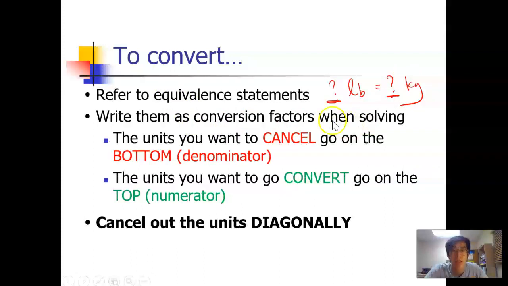Those fractions when solving. So the units I want to cancel go on the bottom, the denominator, and the units I want to convert to go on the top, which is the numerator. And then we're going to cancel out the units diagonally. So let me show you what that means. And make sure you guys write this down as well. This is a good reminder about how to solve these types of problems.